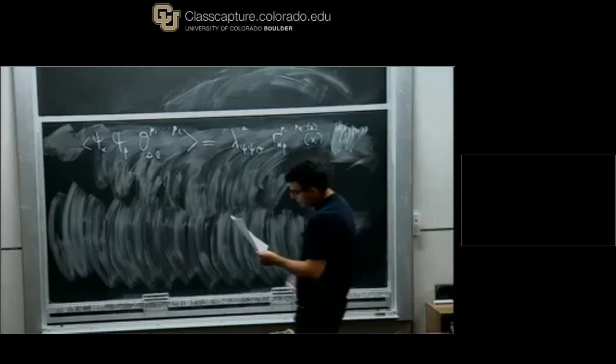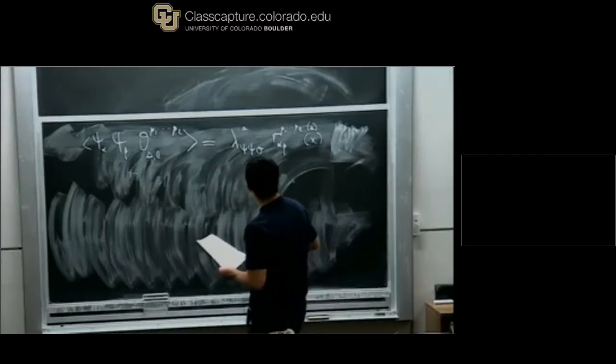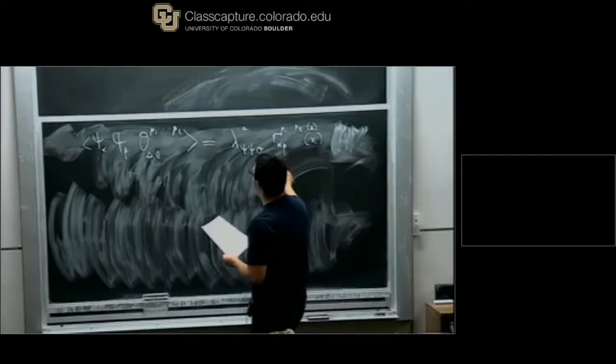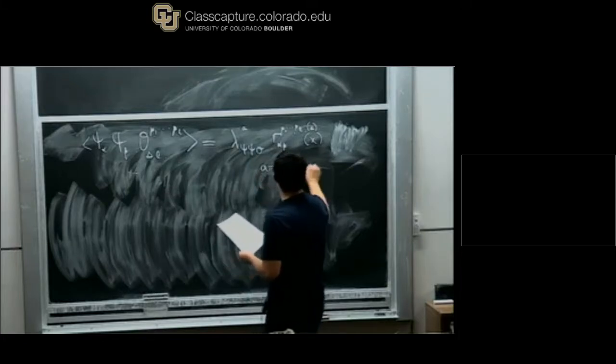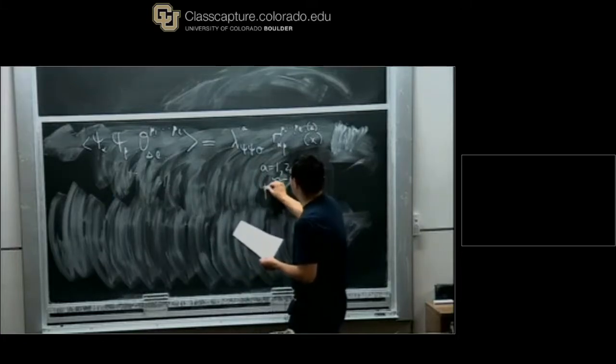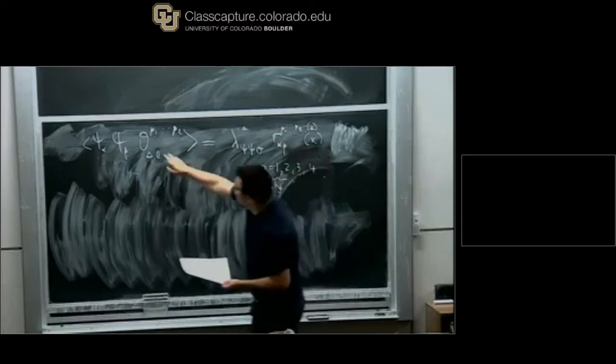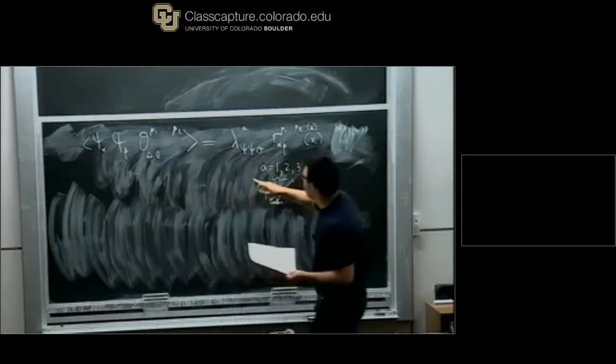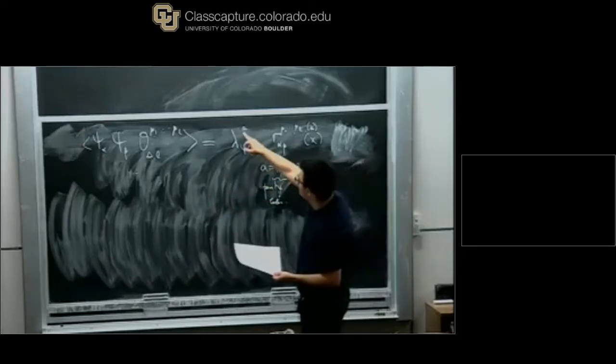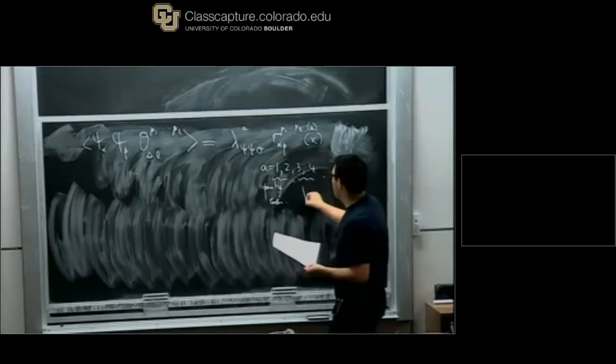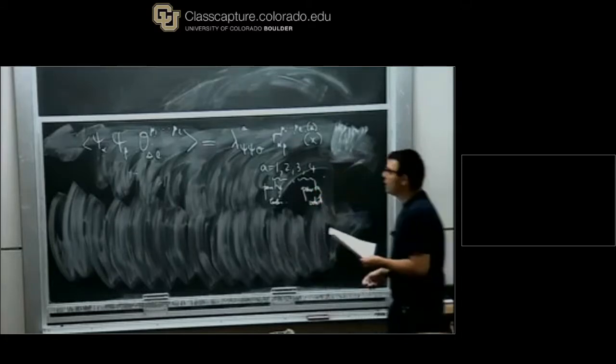And it just so happens that in this case A goes from 1 to 4: 1, 2, 3, 4. These are parity even. So a parity even operator O only has OPE coefficients with indices 1 or 2, and these are parity odd. There are 3-point structures for parity odd operators.